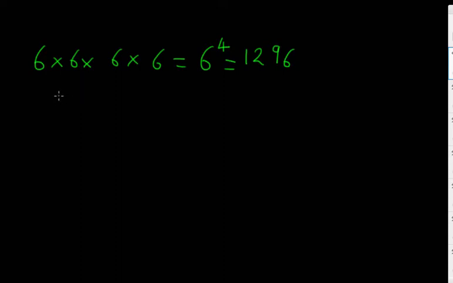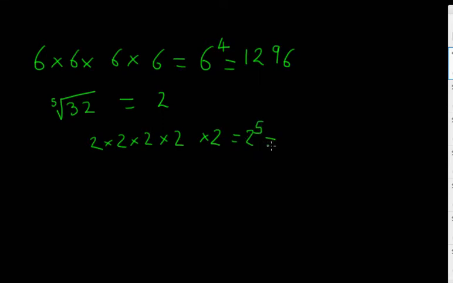Similarly, if you were to find the 5th root of 32, that is 2, because 2 times 2 times 2 times 2 times 2, which is 2 to the power 5, is 32.